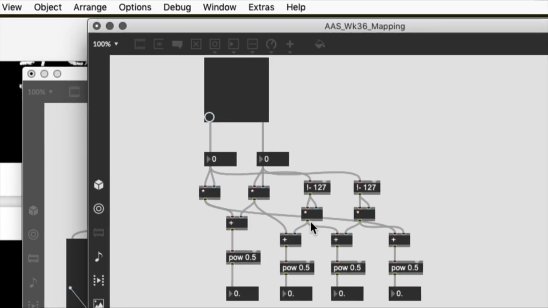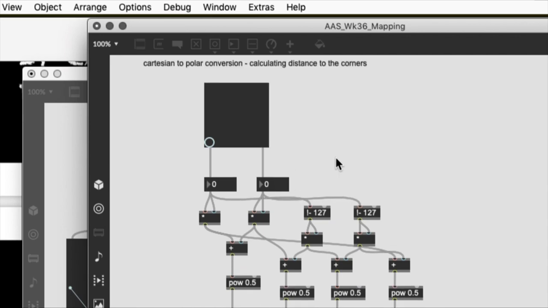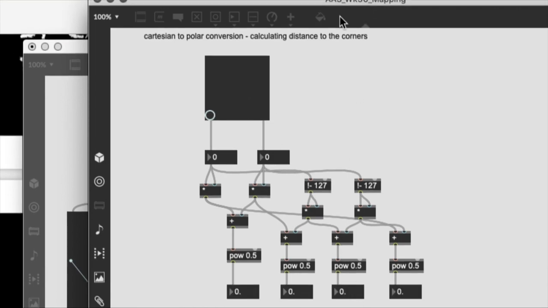Okay, I have another little control signal processing thing here, which is Cartesian to polar conversion. So xy to distance from the origin and the angle would be the original Cartesian thing. What I have here instead is distance to different corners. You might find this useful.